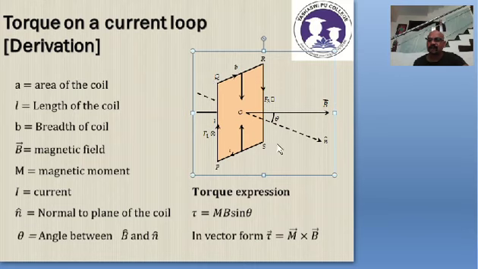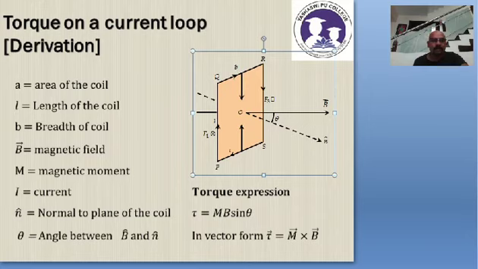Length into breadth gives you area. Now we have to arrive at this equation, tau, torque, is equal to MB sin theta. M is the magnetic dipole moment and B is the magnetic field. Theta is the angle between the magnetic field and the normal drawn to the current loop.